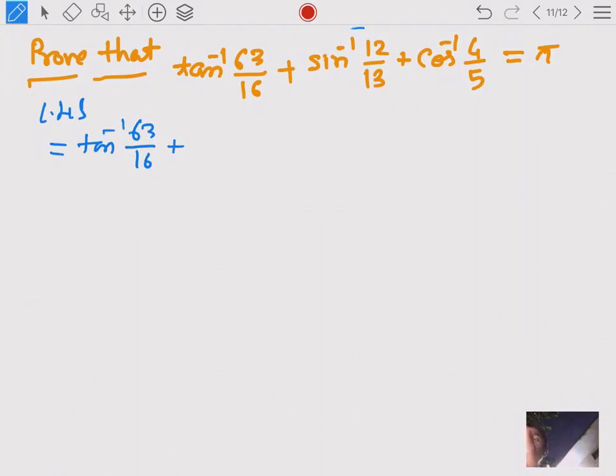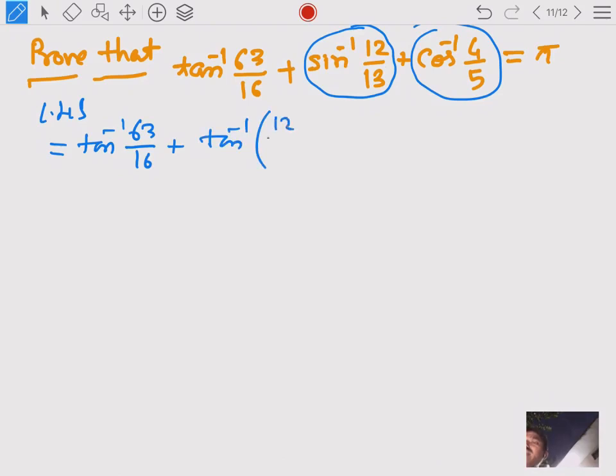First, convert sin inverse 12 by 13 and cos inverse 4 by 5 into tan inverse form. When we convert them, sin inverse 12 by 13 will become tan inverse 12 by 5, and cos inverse 4 by 5 will convert into tan inverse 3 by 4. You know how this is possible and how it will be converted.